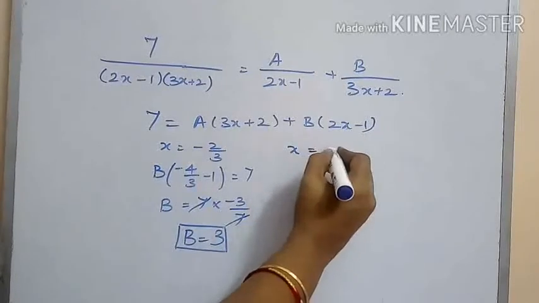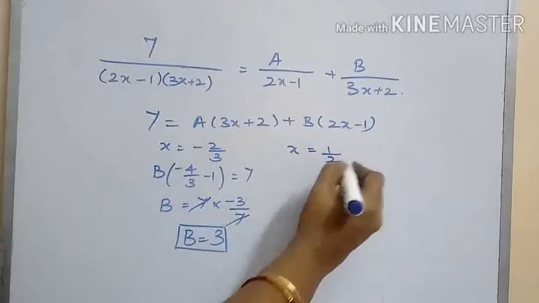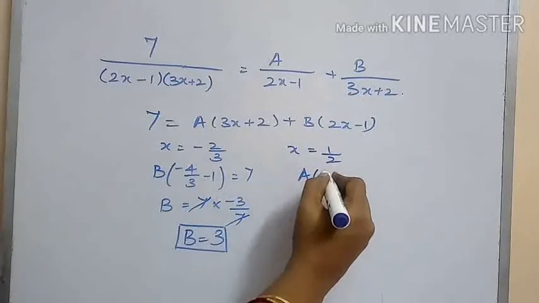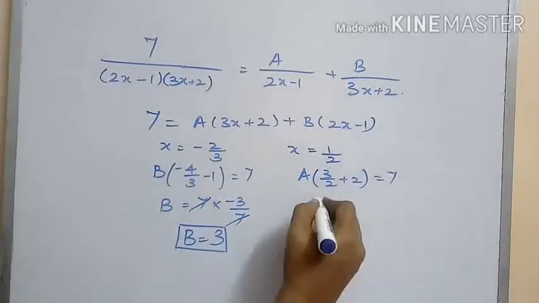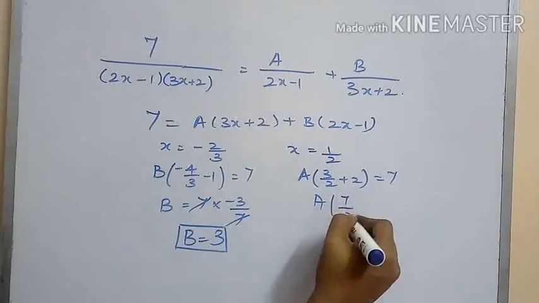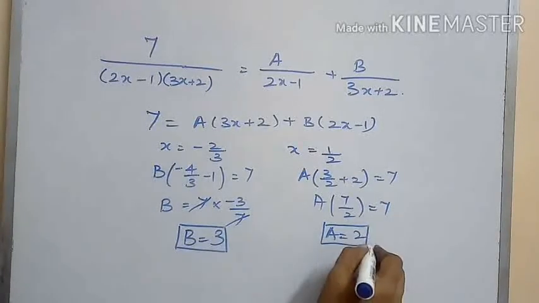Now let us substitute x is equal to 1 by 2 in order to vanish B. So we get A into (3 by 2 plus 2) equal to 7. So A into 7 by 2 is equal to 7. So we get the value of A as 2.